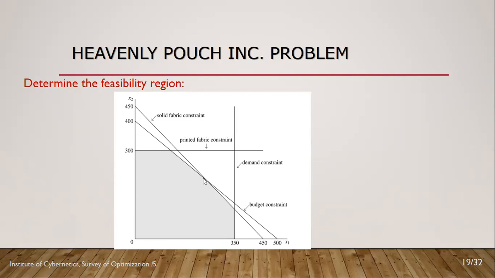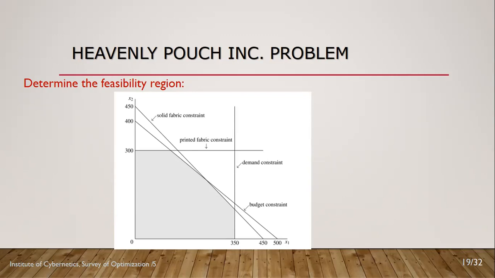We can find the intersection points here and here. These points are called corner points, and they are extremely important. Why are the corner points important? Because we will soon see these are the points where we should look for the optimal solution.